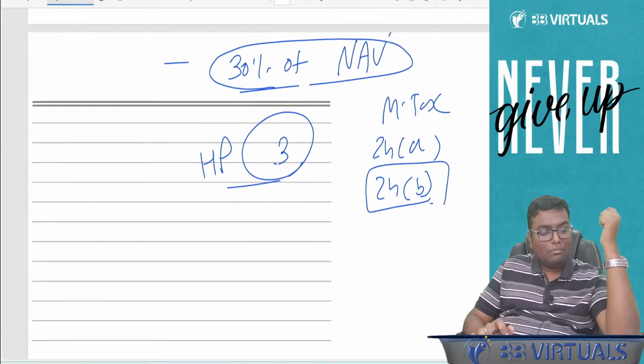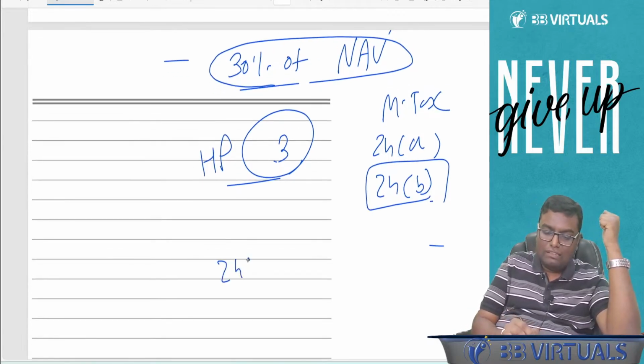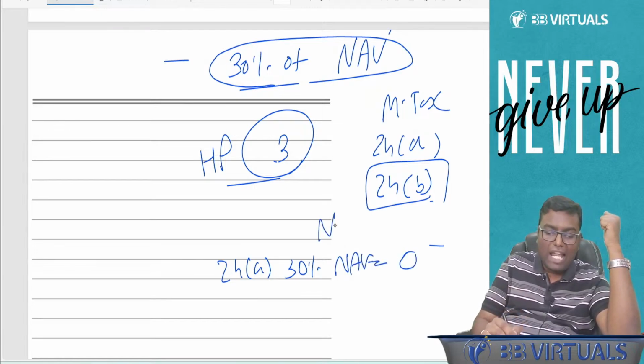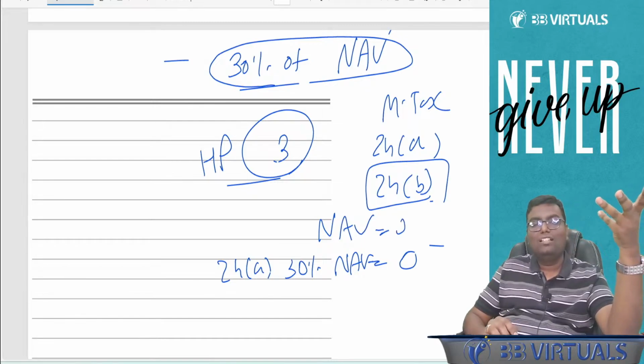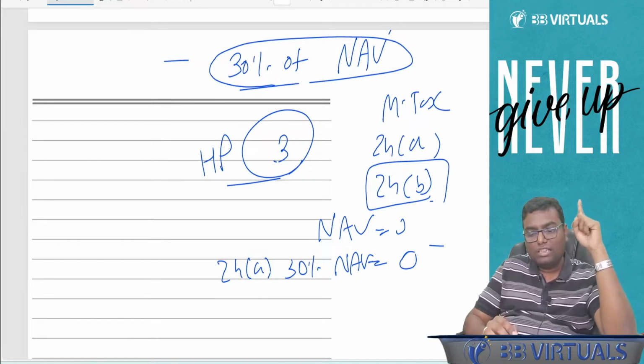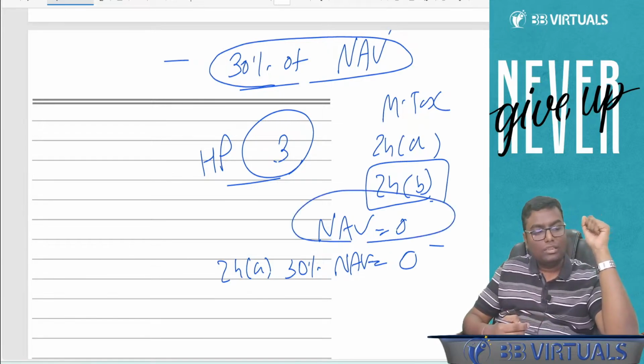But as per the mathematics, this 30% of NAV will become zero if your NAV is zero. Tell me any one case in which NAV is zero.